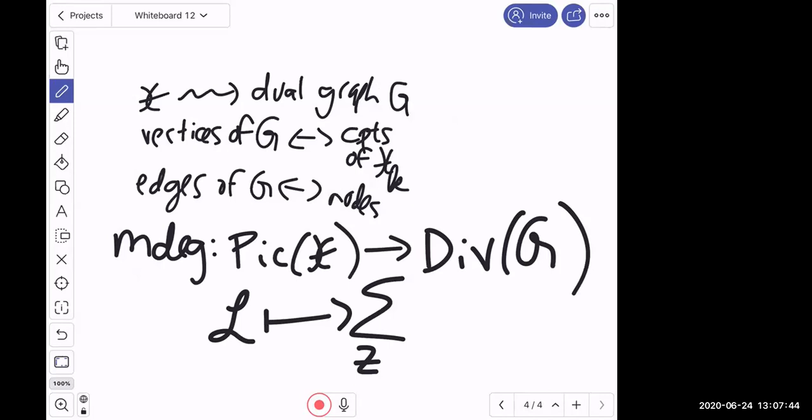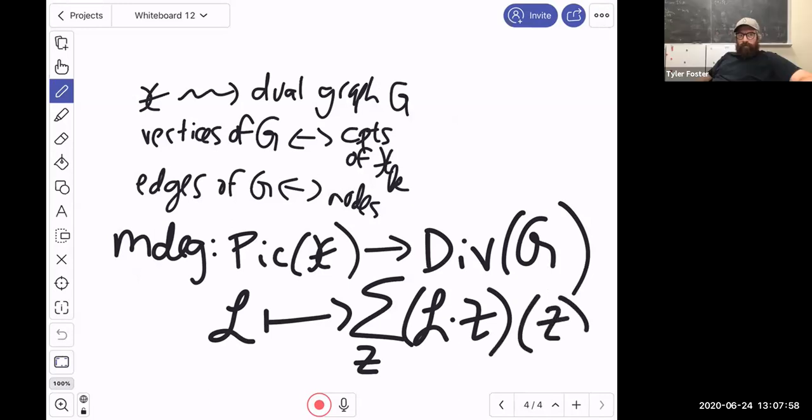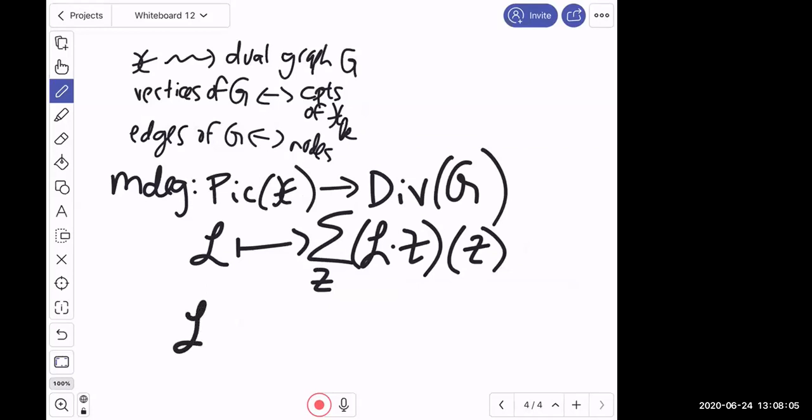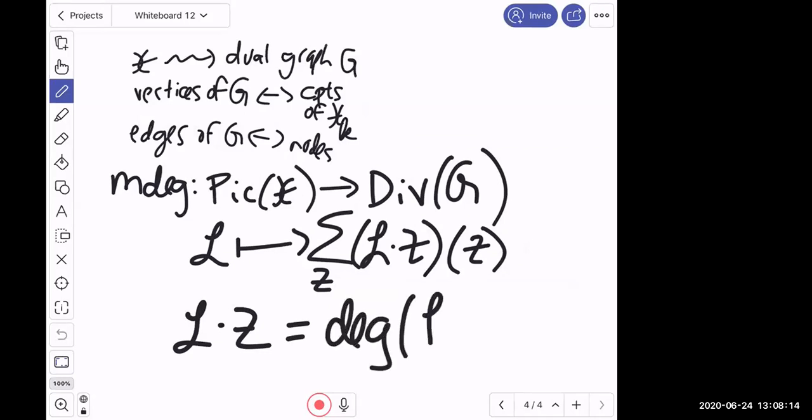So Z you can think of as a component of the special fiber or as a vertex, I just take the intersection of the line bundle with that component, and that's the coefficient of Z, thought of as a vertex of the graph. And if you're not so familiar with intersection theory on arithmetic schemes, you can just think of this as, I guess it's probably the definition, the degree of the line bundle restricted to this curve.